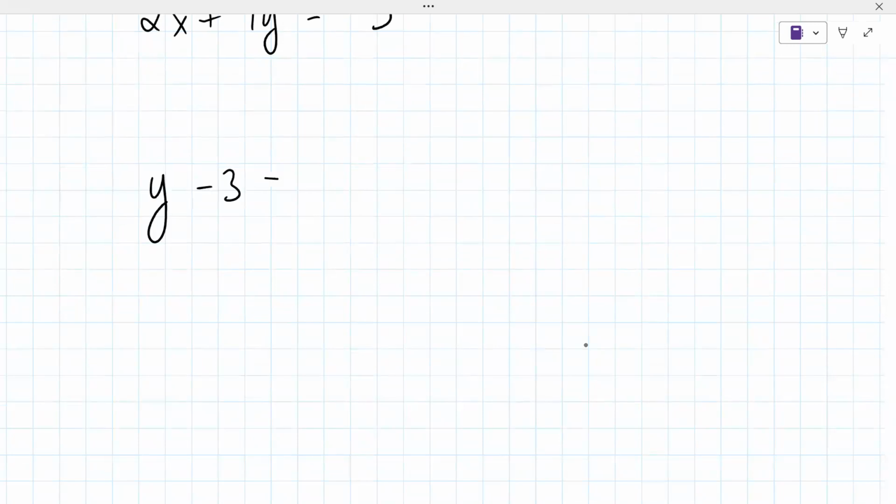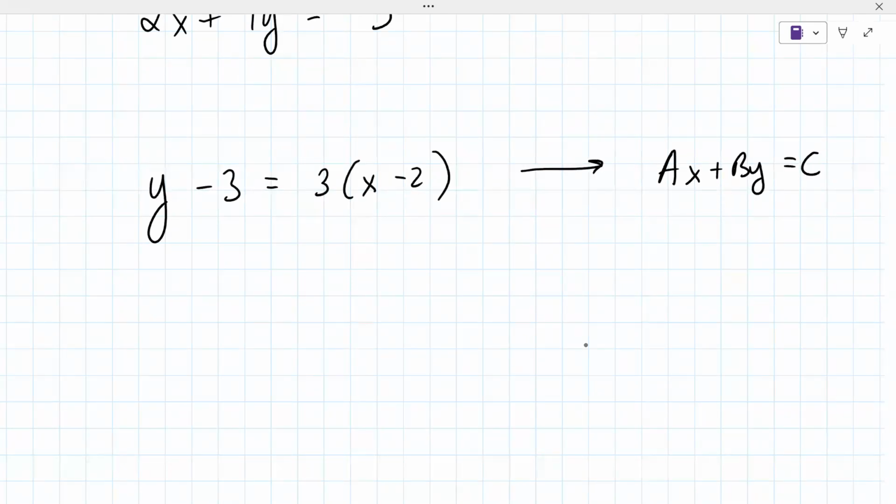Y minus 3 equals 3 times x minus 2. Go ahead and put this in standard form, please. Okay. Standard form.